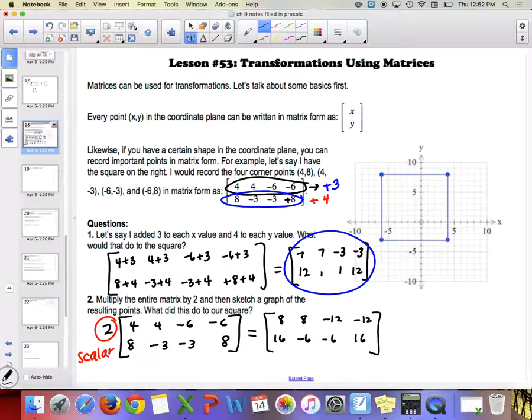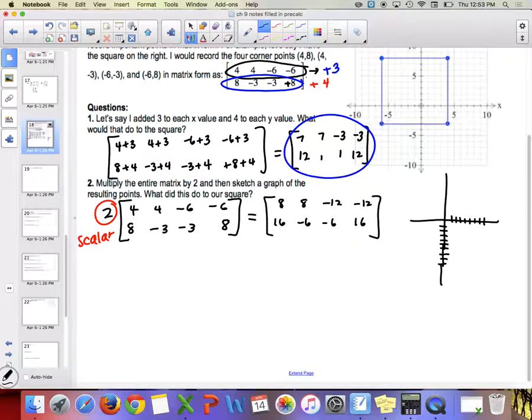And think about what that does to our matrix. So we have 8, and then we have negative 12. And then we have, oh, what am I doing? 8, negative 12. What am I talking about? 8, 16.